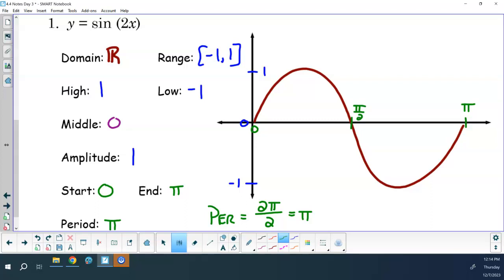The average of 0 and pi over 2, pi over 4. The average of pi over 2 and pi, 3 pi over 4.